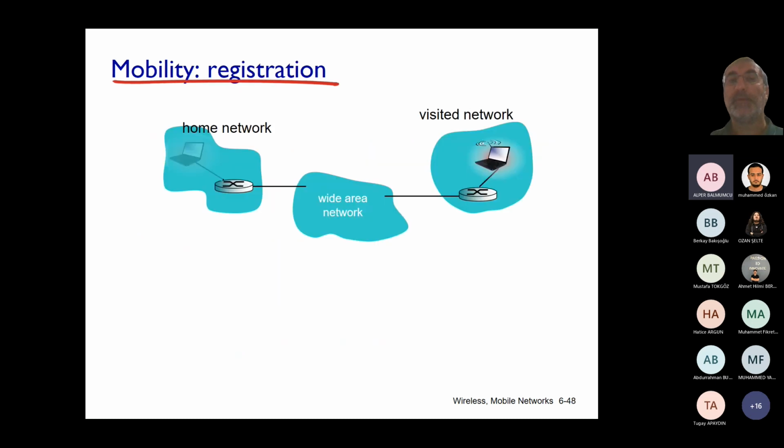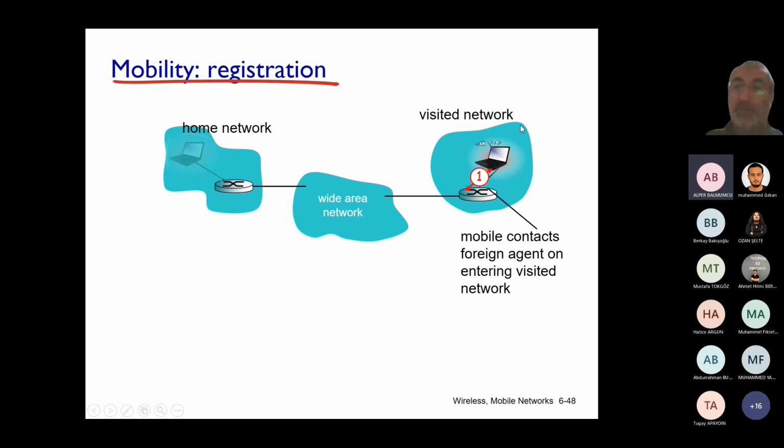First of all, when your mobile device is going to join a mobile network, we need to register. This is called registration. I have a home network and a visited network. If my mobile is visiting this network, let's say your school network, first of all it's going to register to this visited network.